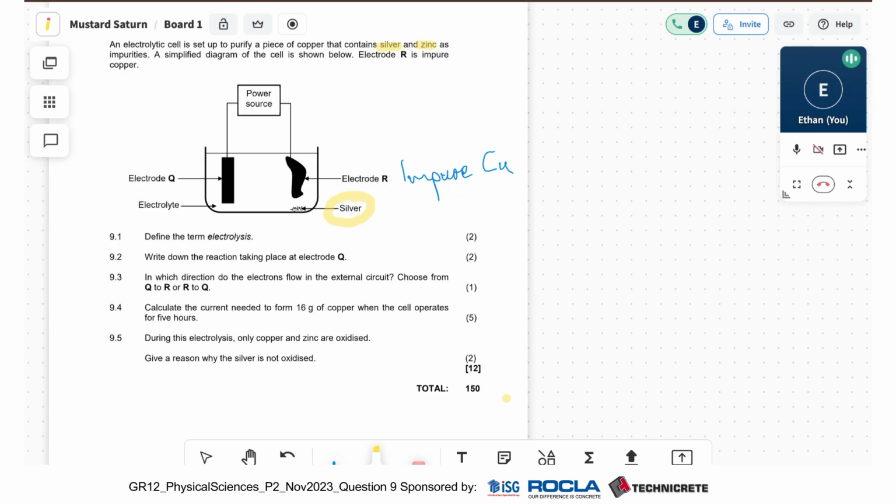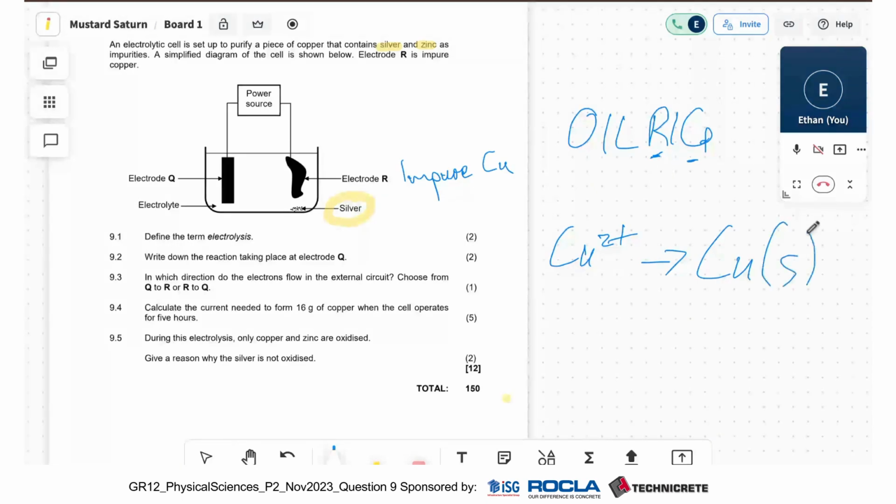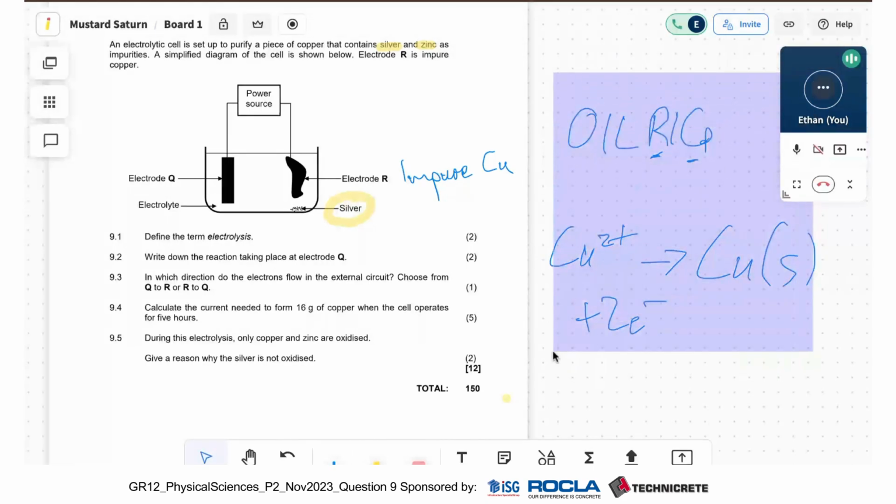And if you remember, oil rig, when it reduces, it gains electrons. That basically means it can go from something like copper 2 plus to copper solid if we add 2 electrons. So this is something that we need to happen.